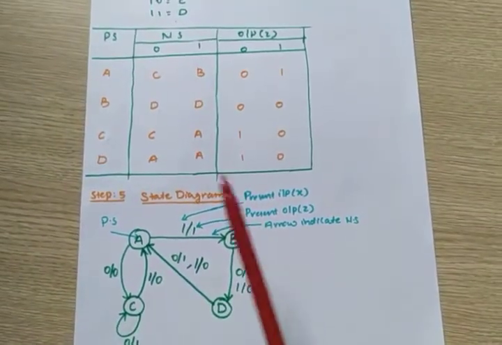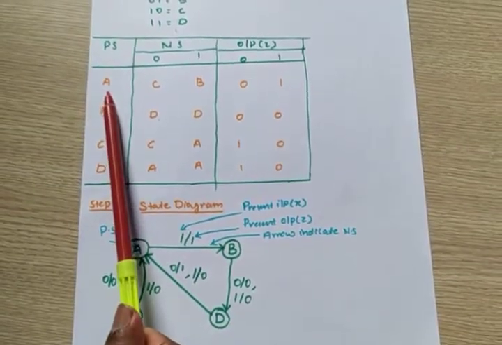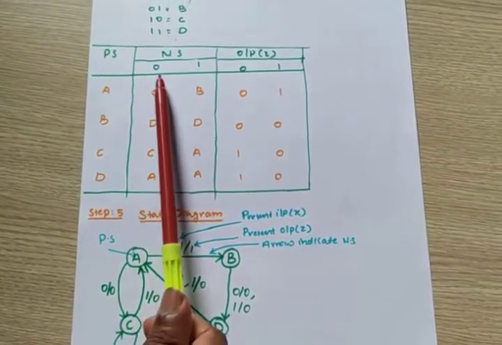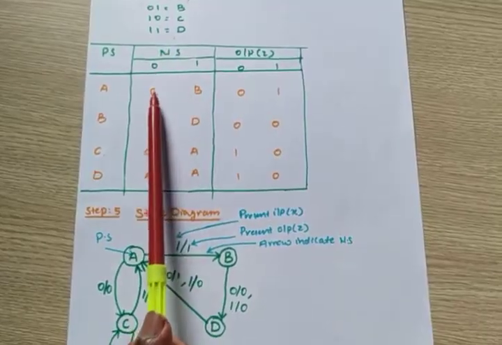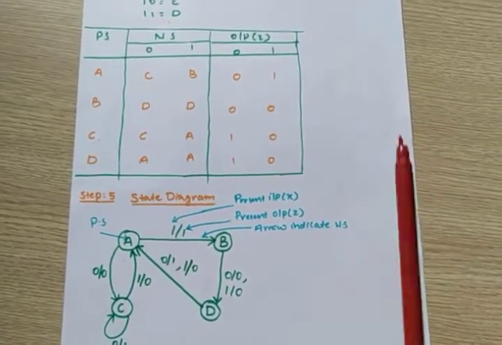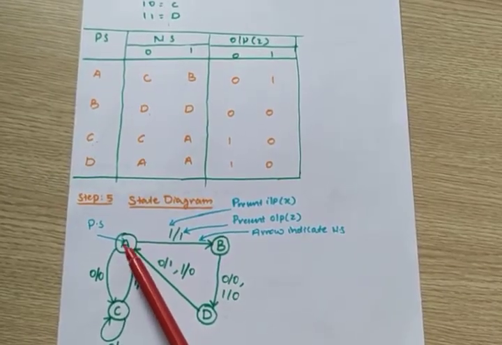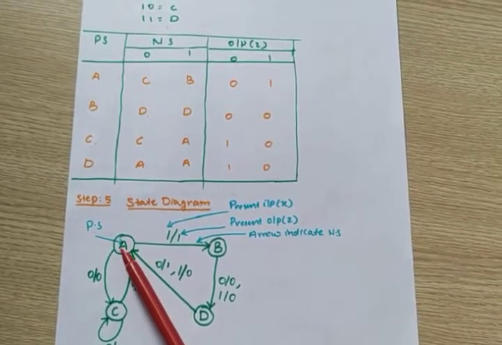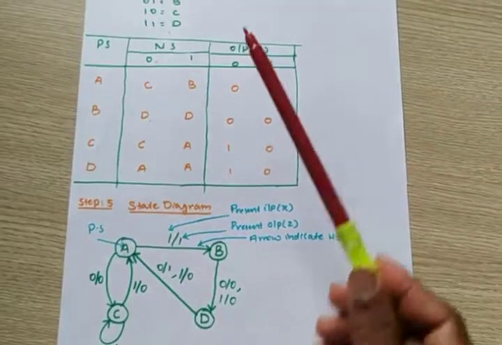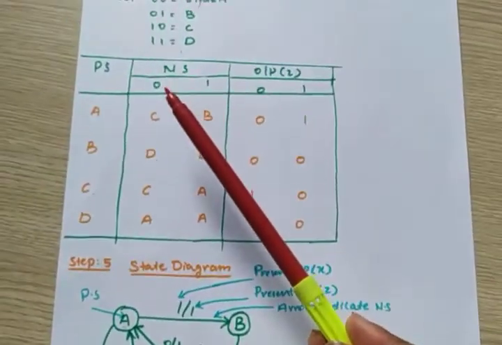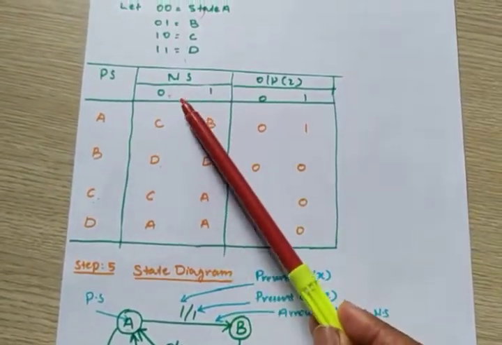Okay, now look at here. For state A, I am giving 0 input. What is the next state?